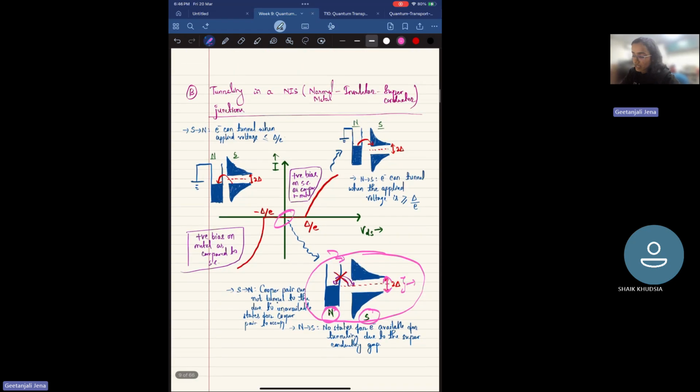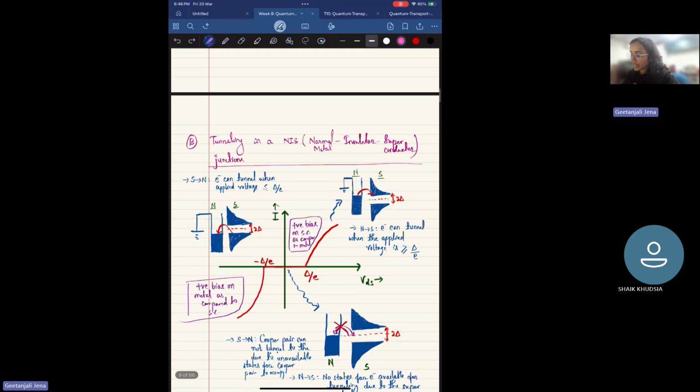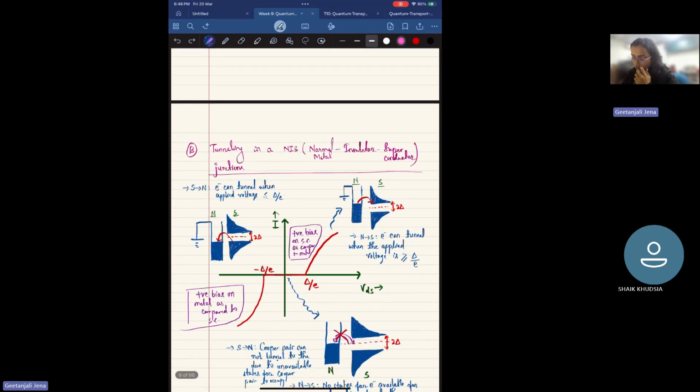Now let us see when we apply a voltage. Let us say we apply a positive voltage to the superconducting side, because the energies are lower, and the voltage for the metal side is relatively in the negative direction.